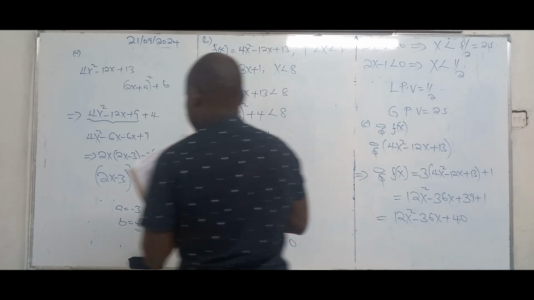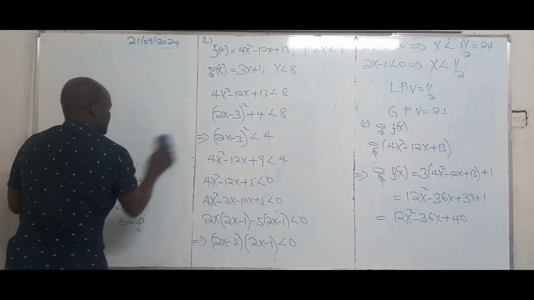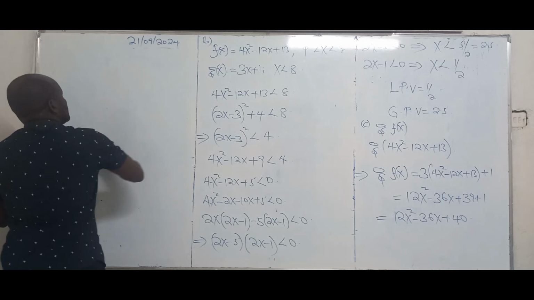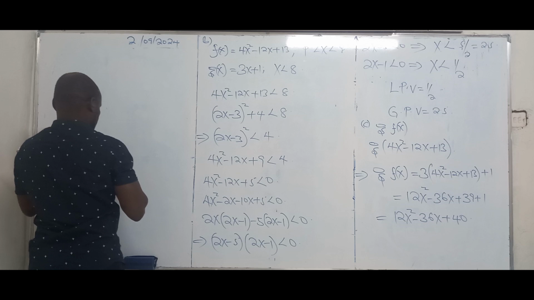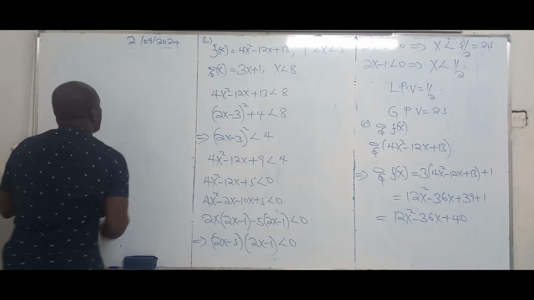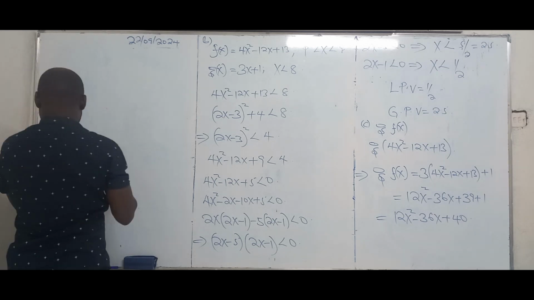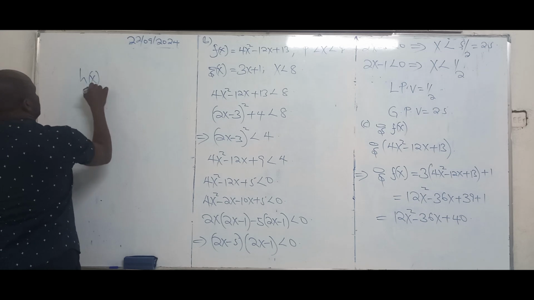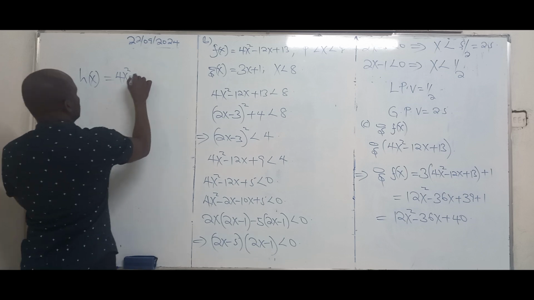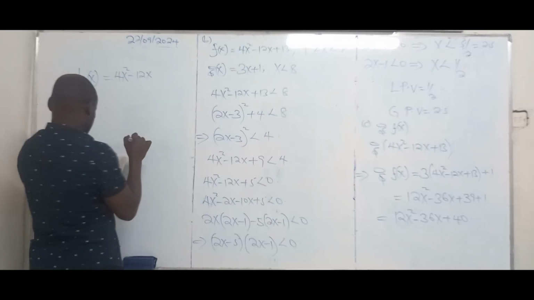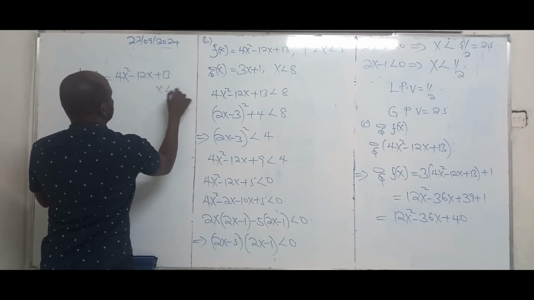Part D. The function h is defined by h of x is equal to 4x squared minus 12x plus 13, where x is less than 0.